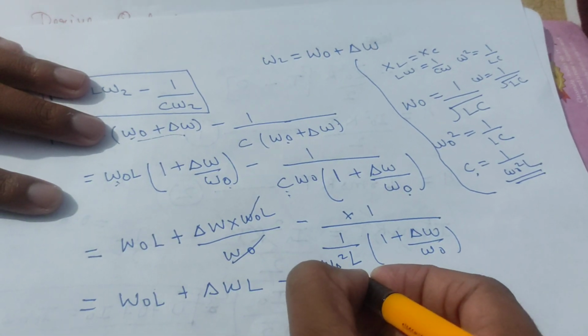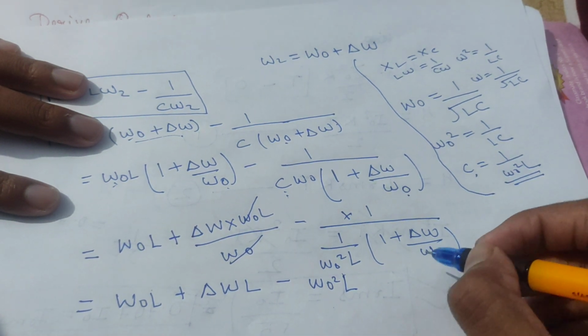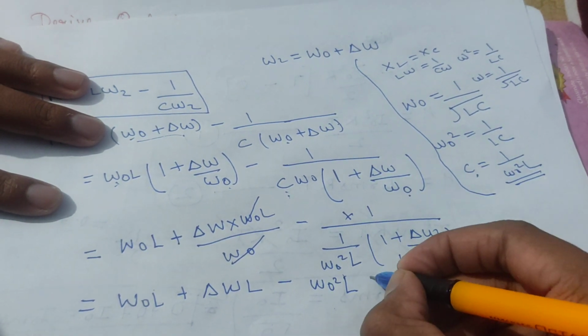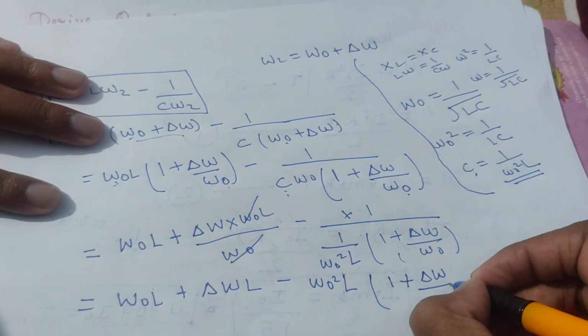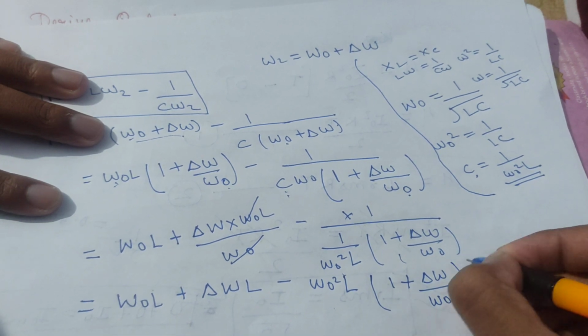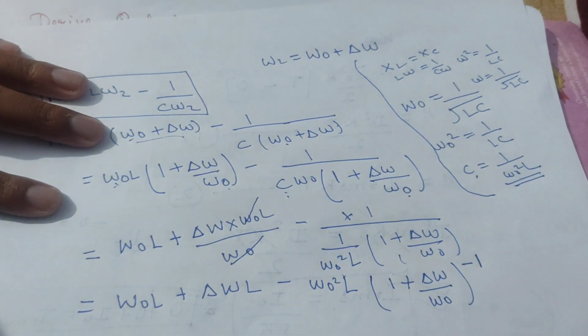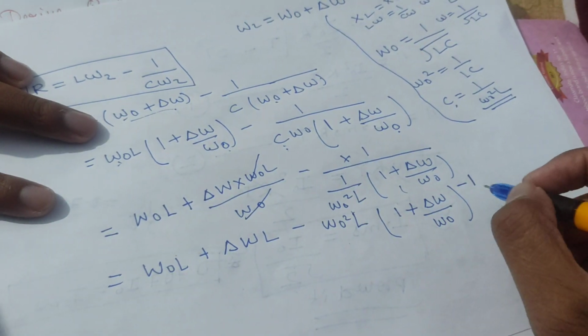So this is like this, and when we take this up, we need to put the minus power sign over, because we will use the binomial thing, okay. So it will become minus 1 when we take it upside. So using binomial.